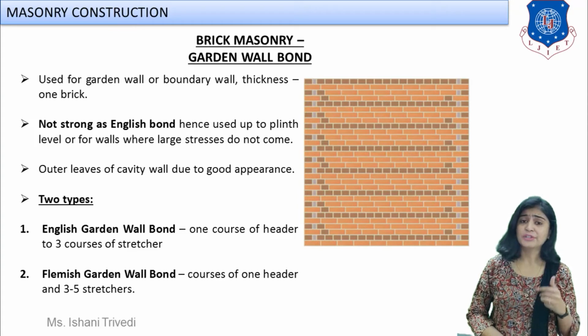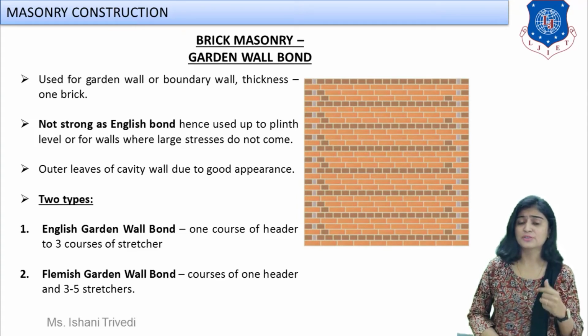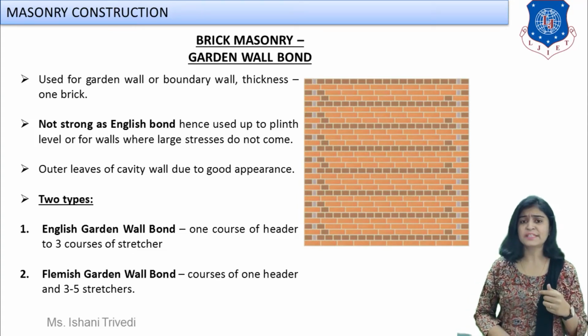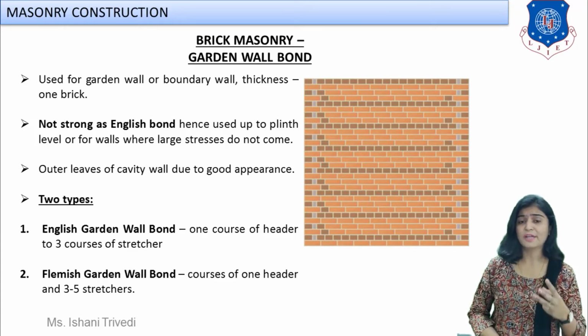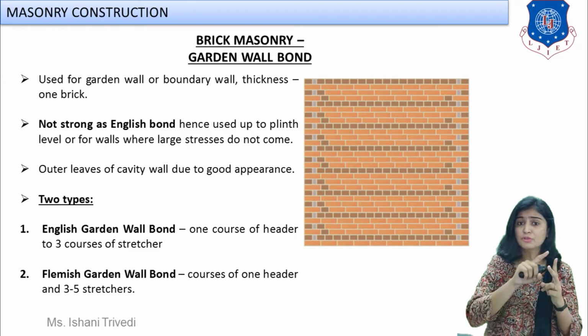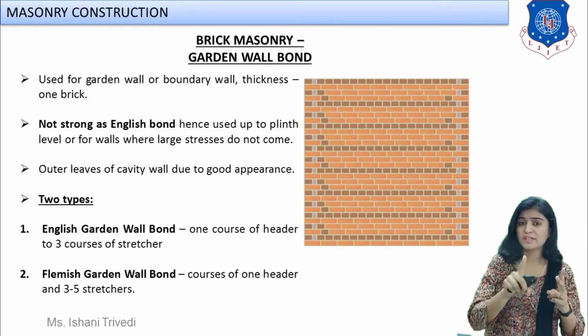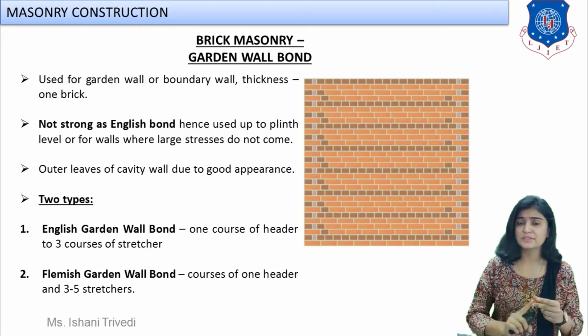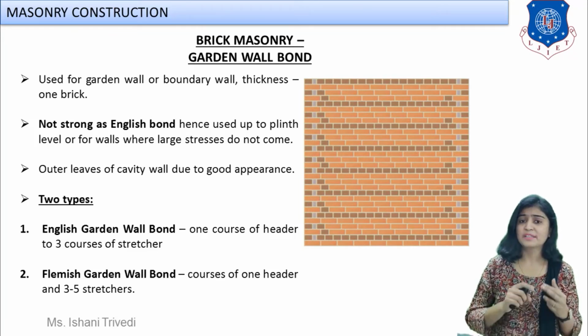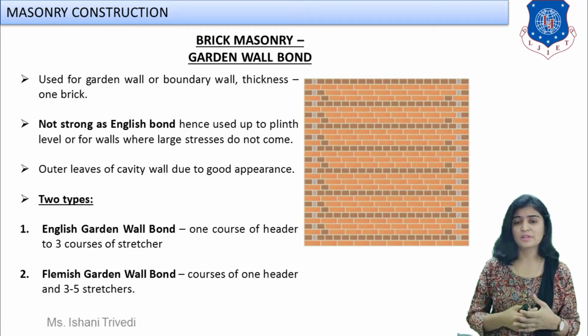So how can you define this type of bond, that is your garden wall bond? It means when you are constructing a masonry wall made up of bricks such that 1 course of header to 3 to 5 courses of stretcher. Full courses, right? Full courses, 1 header to 3 stretcher courses. It can be 3 to 5 stretcher courses, for example. It is a type of garden wall bond.